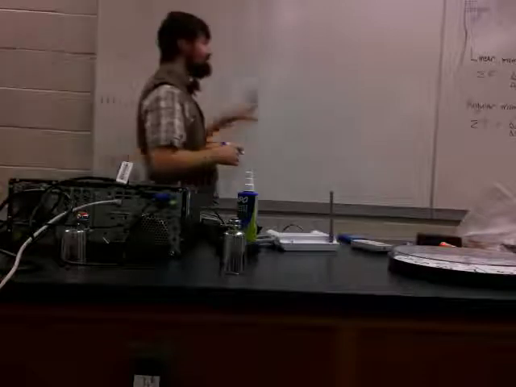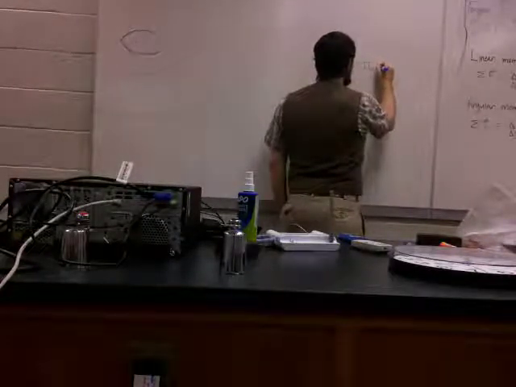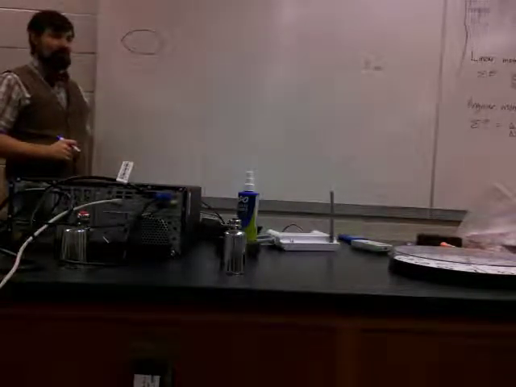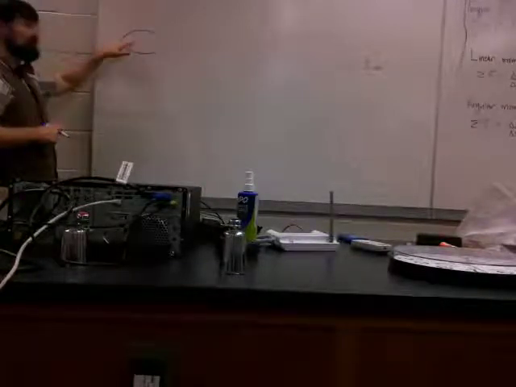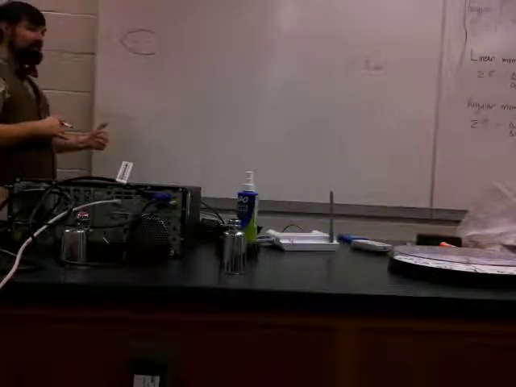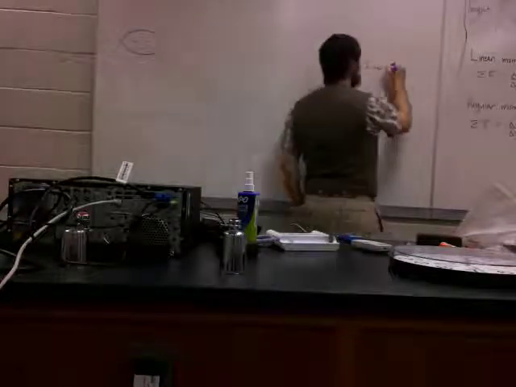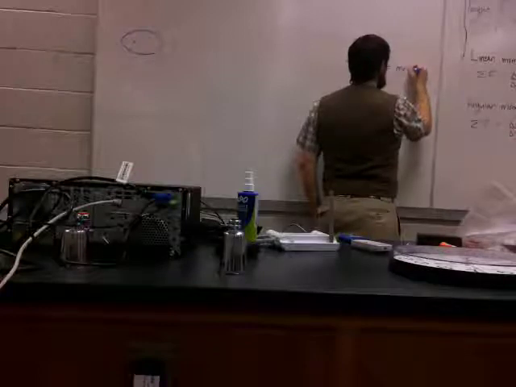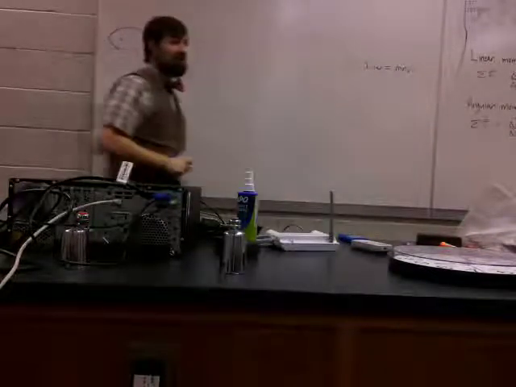All right, maybe I erased too much. This one right here says, as we get close to the star, r is small, therefore omega is large. Or if you'd like, r is small, m is the same, therefore v must be large.